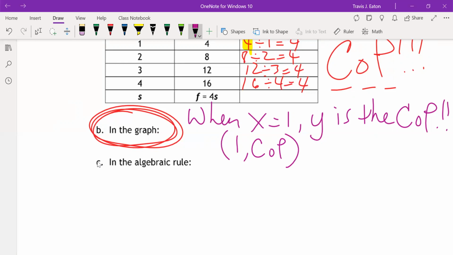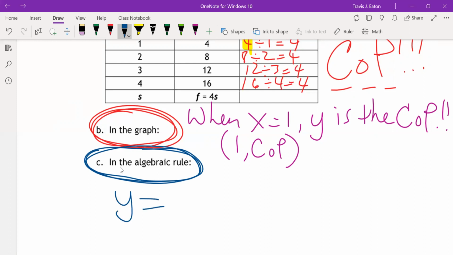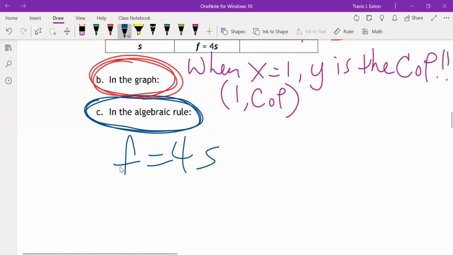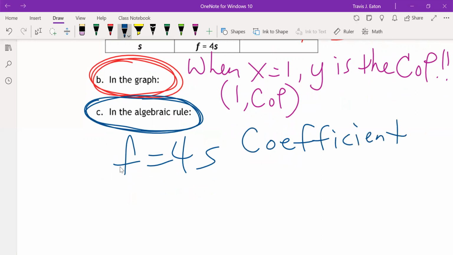And then how do we do this from the algebraic rule? How do we find the constant of proportionality just by looking at the algebraic rule? Remember the algebraic rule? F equals 4S. In the algebraic rule, your constant of proportionality is the coefficient of your input variable.